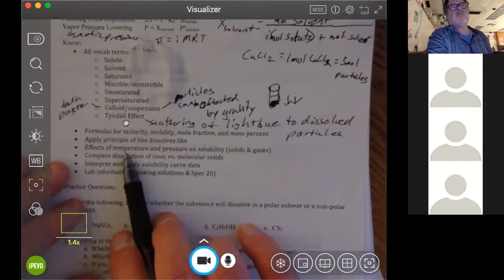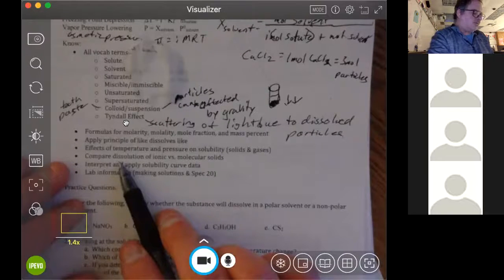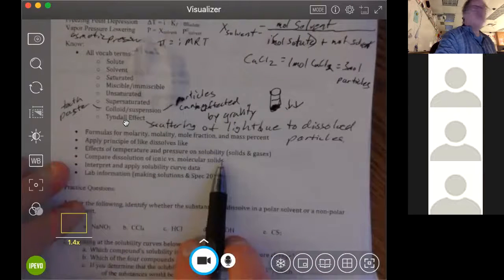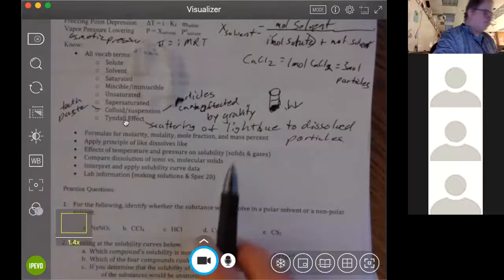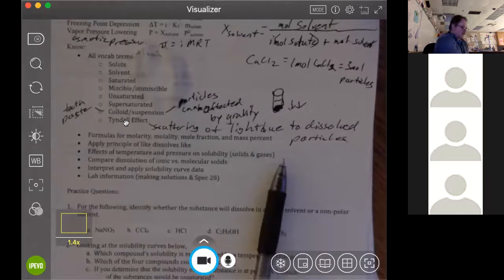Also, hot tea versus cold tea with sugar. Dissolution of ionic, that is the van 't Hoff factor, versus molecular. Molecular solids always have one particle. Interpret and apply the solubility curve data. That's the worksheet I graded. Some of you might want to check that because there were grades that were less than perfect on that.